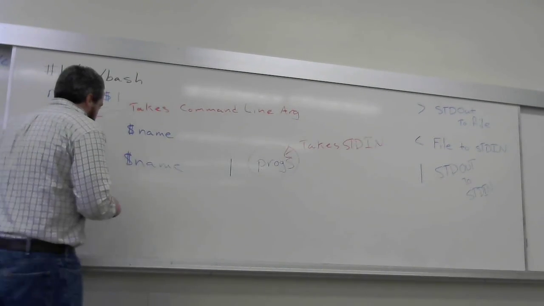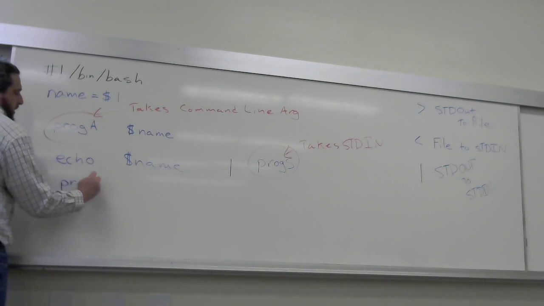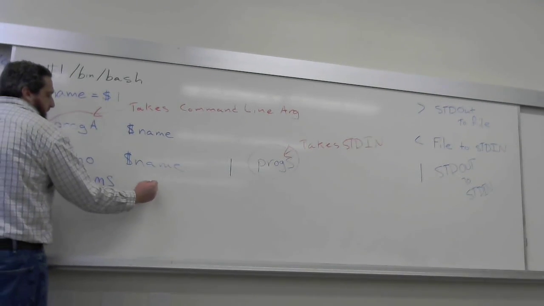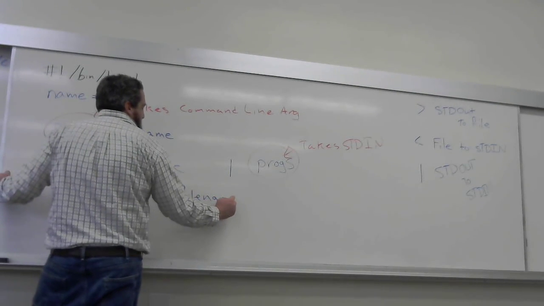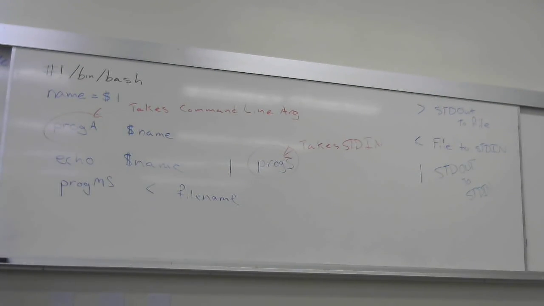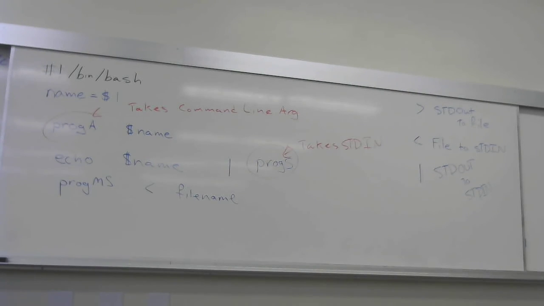And we'd probably do something like this: multiple standard in, and some file name, like so. And so that file name will be redirected to the standard in of that program. That's the most common one. It's not the only way to do it, but that's the most common one.